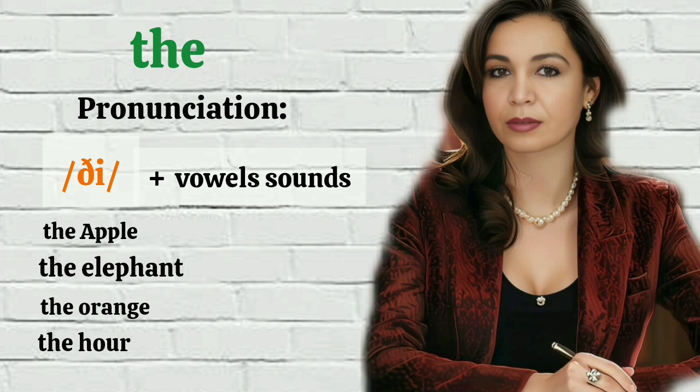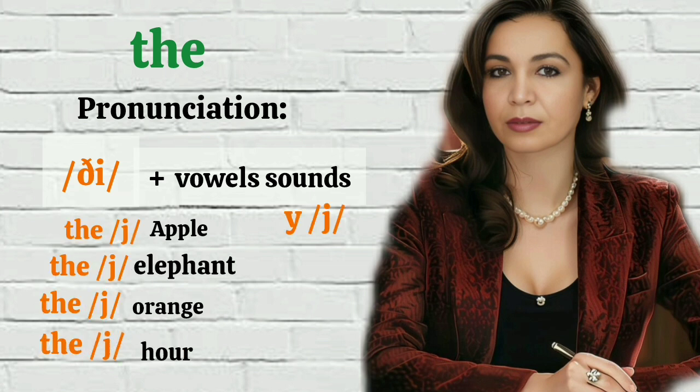So the little sound that is added is y. A little bit of the sound y comes in between. Thee apple, thee elephant, thee orange, thee hour. It's a very soft sound, but you can potentially understand that he is a native speaker. But don't get confused, I mentioned that so that you understand the difference for native speakers.